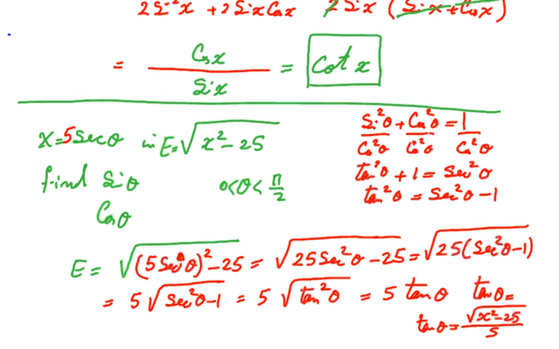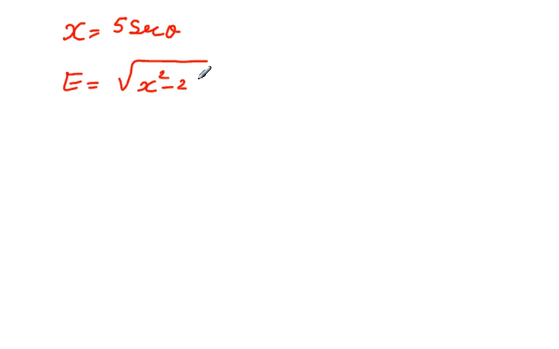Let me restart this problem. So we had x is equal to 5 secant of theta, and the other expression was radical x squared minus 25. Let me draw a picture so that the picture perhaps will guide us to the correct path quickly and less convoluted.